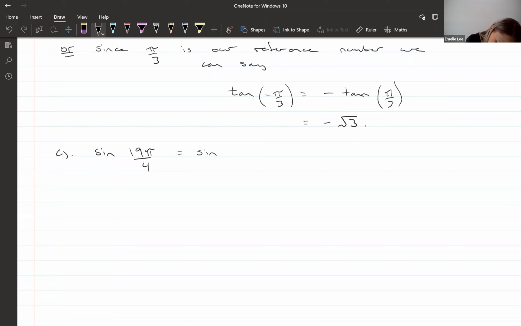So this is going to be the sine of 2 pi, which is the same as 8 pi over 4. So 8 pi over 4 plus, so 19 minus 8. You can just do it behind the scenes on your calculator. 19 minus 8 is 11 pi, which means I can still pull out another 8. Plus 8 pi over 4 leaves me at 3 pi over 4.